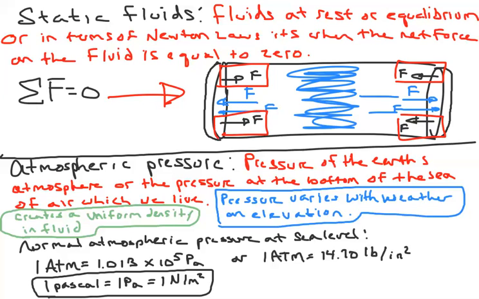If you're wondering why we're being taught this right now, well, static fluids let us look at equilibrium situations. Fluid flow lets us apply Newton's second law a little bit more.